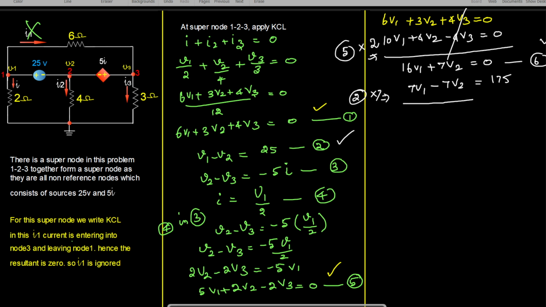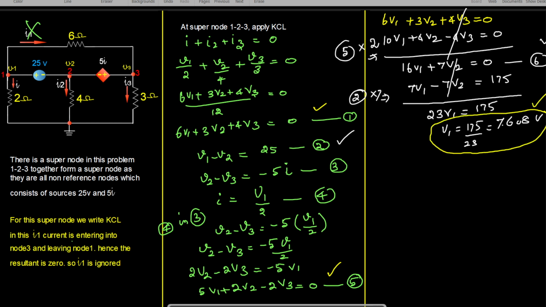When I add these two equations, I get 23V1 equal to 175. So V1 is equal to 175 divided by 23, that is 7.608 volts. So we got the first answer.